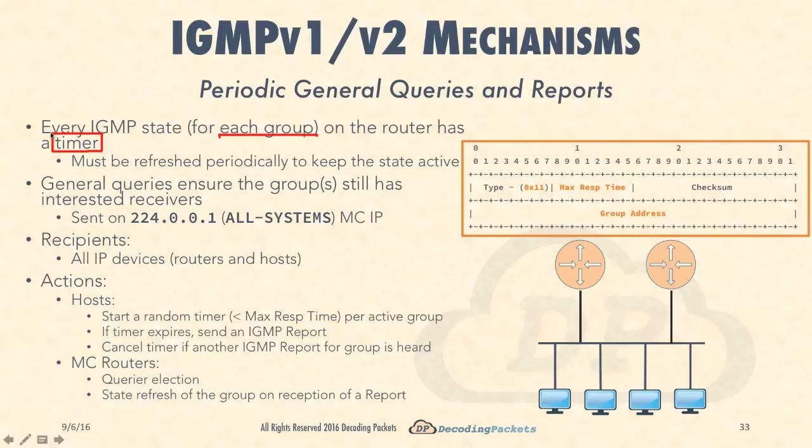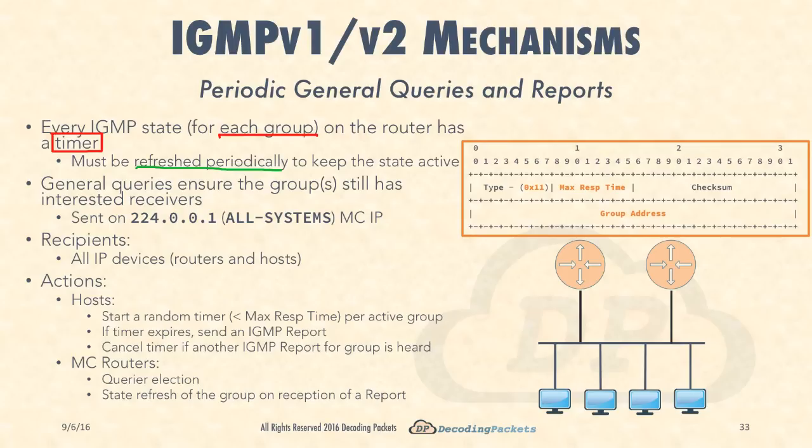So there is a timer that is counted down. And if the timer completely expires without getting refreshed, then the state goes inactive. So the state just kind of goes away. So in order to keep the state active, those timers must be refreshed periodically. And the general queries basically kickstart the whole process of this refresh.